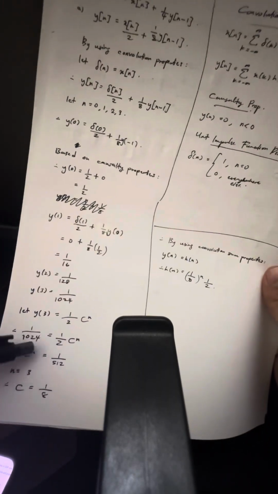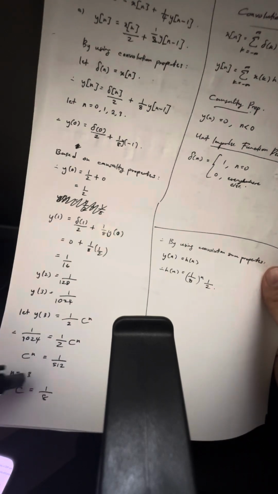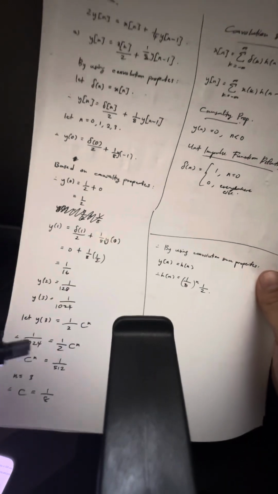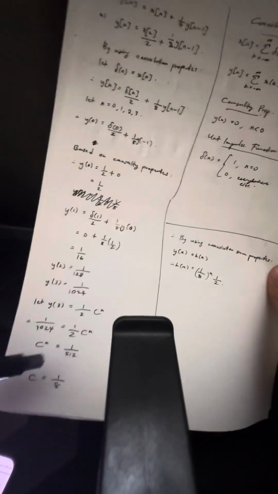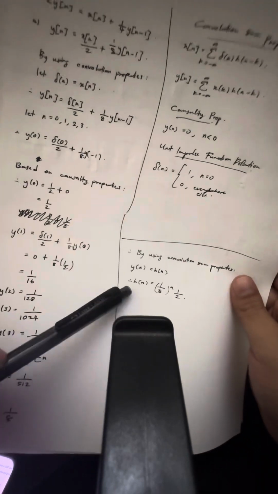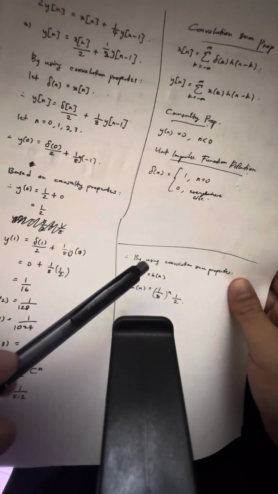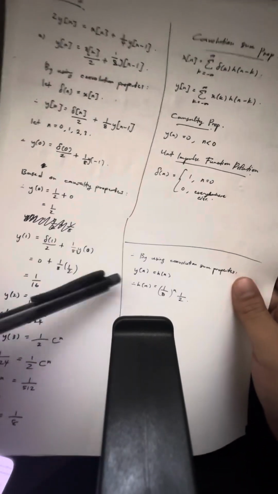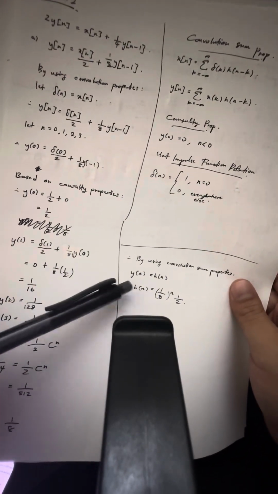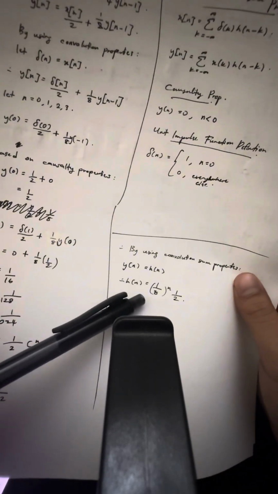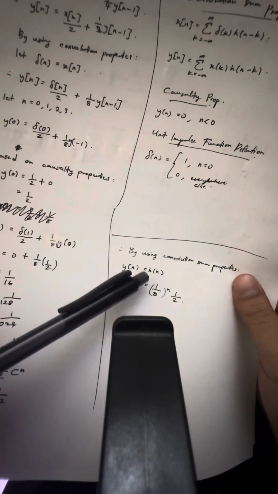When n is equal to 3, we can calculate that c must be 1 over 8. Using the convolution sum properties, we can assume that y of n must be equal to h of n. So that's why we have the h of n equation, which is equal to 1 over 8 to the power of n times 1/2.